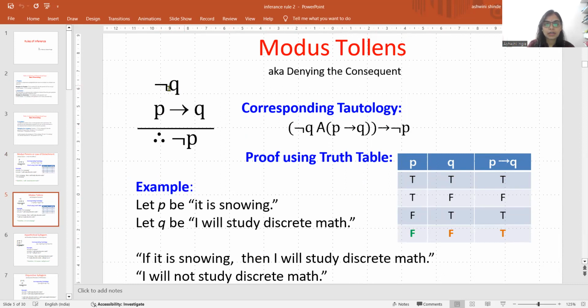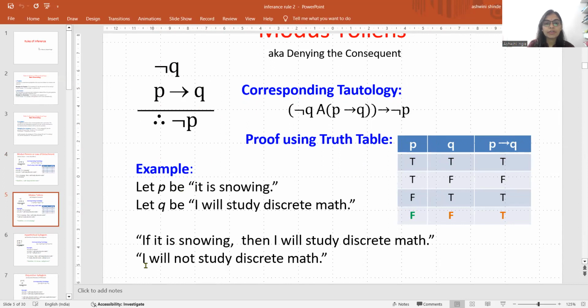In this rule, the first premise is negation Q, and the second is P implies Q. Your conclusion becomes negation P. So your first premise is, I will not study discrete math. We assume that is your first premise. The second premise is that if it is snowing, then I will study discrete math.